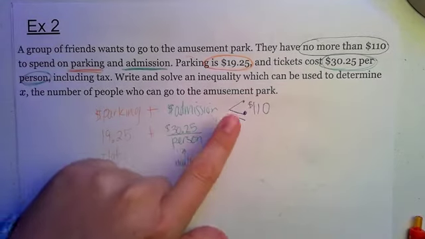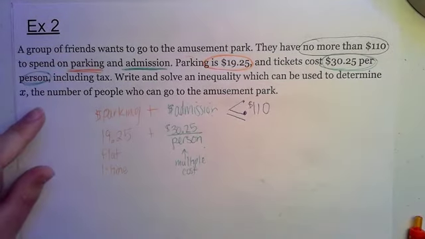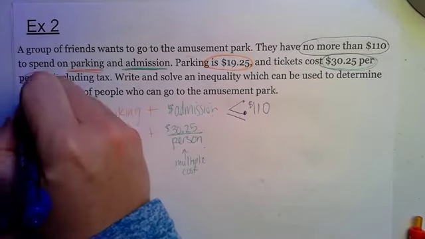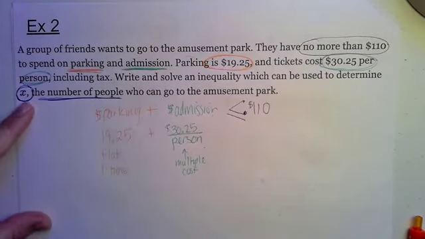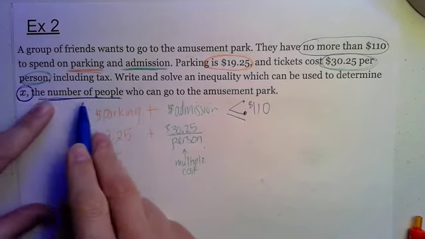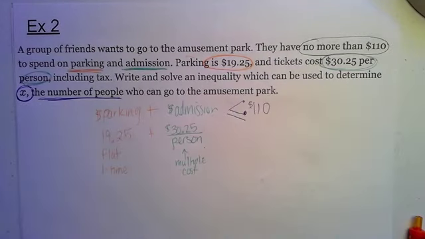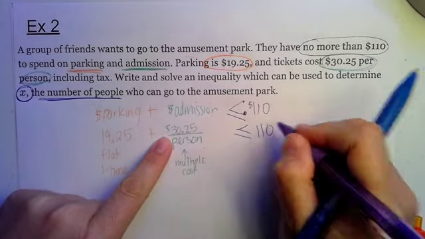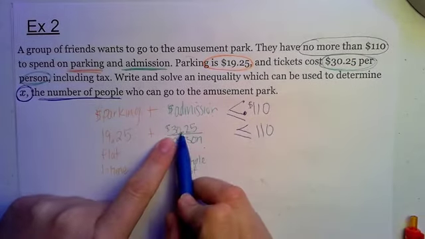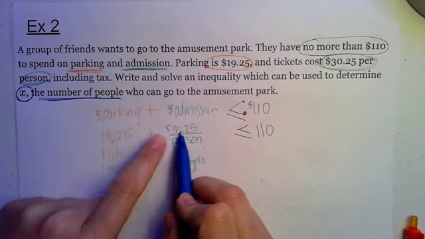So we want to write and solve an inequality that can be used to determine X, the number of people who can go to the amusement park. So X represents the number of people. And if we had one person going, it'd be $30.25 plus parking.